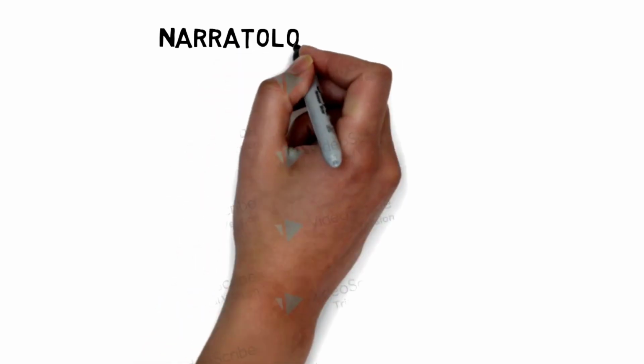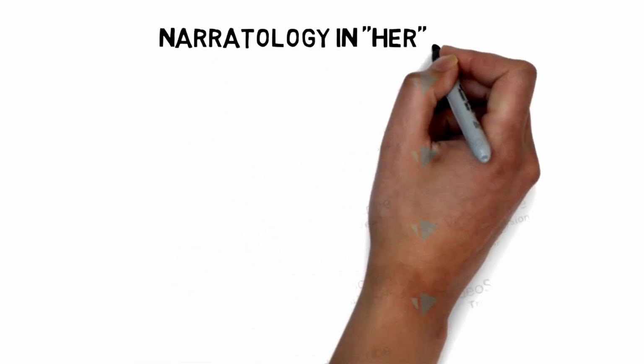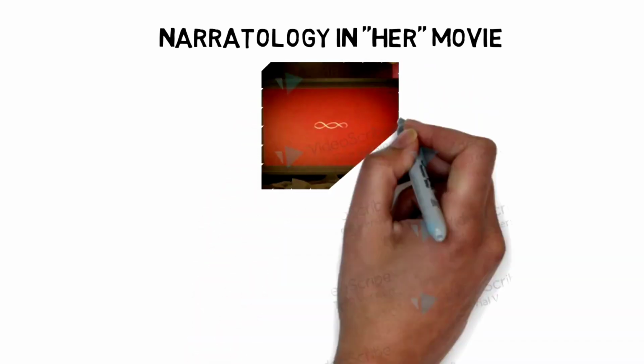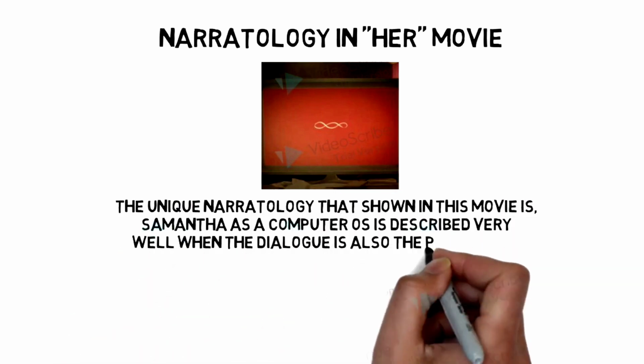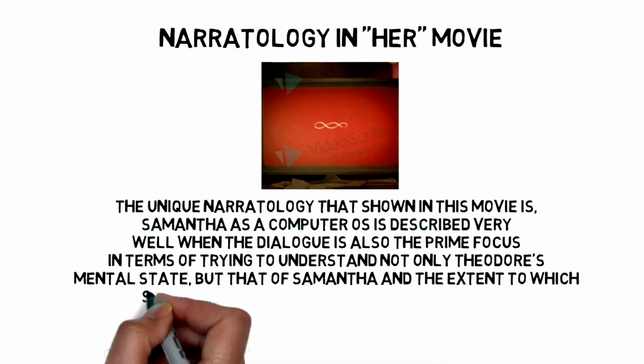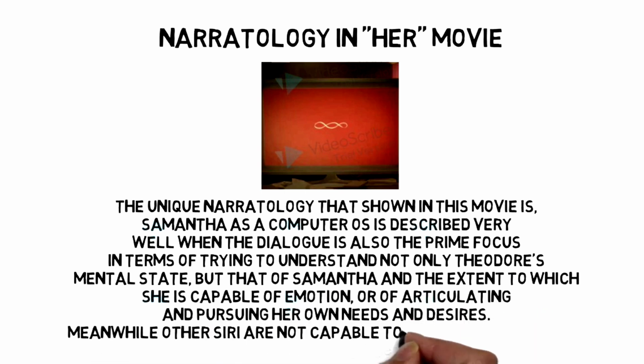And the narratology in Her, the 2013 movie, is unique. We can see it when Samantha as a computer OS is described very well, when the dialogue is also the prime focus in terms of trying to understand not only Theodore's mental state but that of Samantha and the extent to which she is capable of emotion or articulating and pursuing her own needs and desires.